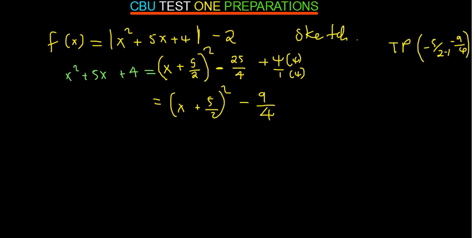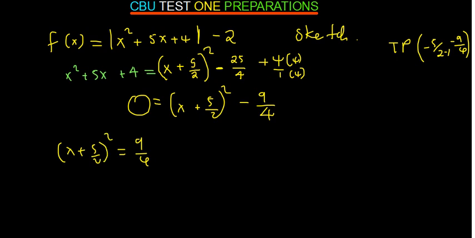Now again, I need to find the x-intercepts, where the graph is going to be cutting the x-axis. And how do you do that? You are going to equate this thing you have found to 0. I'm going to take this term to the other side of the equation, so it will become positive 9 over 4, equal to x plus 5 over 2 squared.